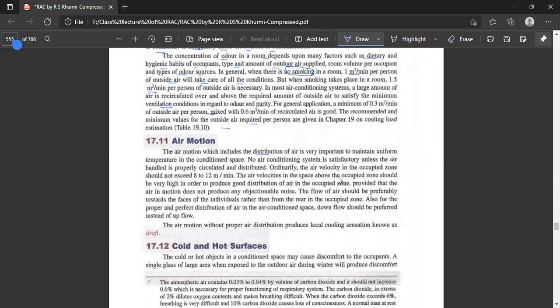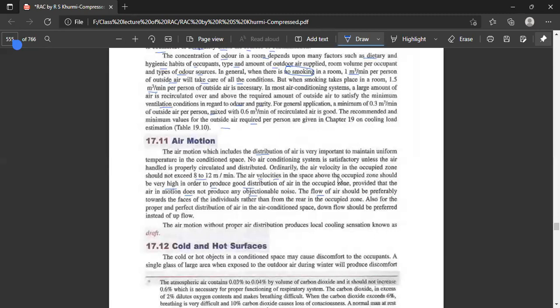The air velocity in the occupied zone should be 8 to 12 meters per minute. So speed should not be very high, and should not be very low. Air velocities in the space above the occupied zone should be high in order to produce good distribution of air, provided the air in motion does not produce any objectionable noise.